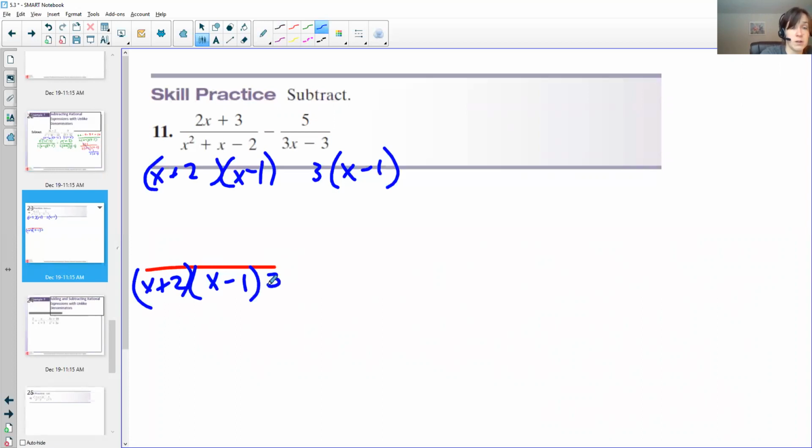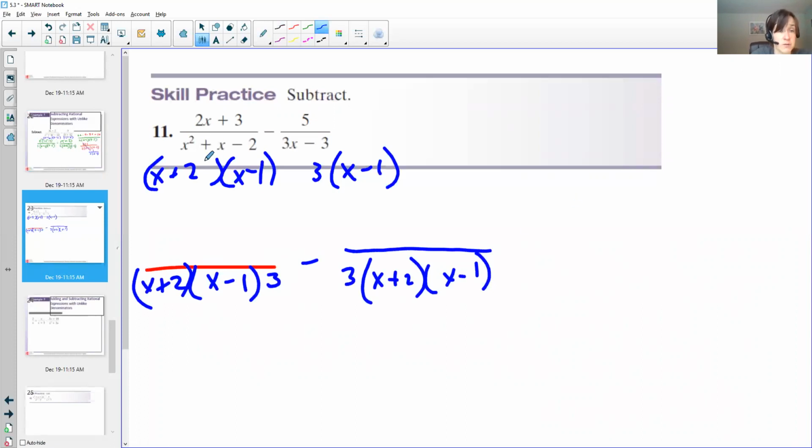Bad math manners, sorry. The 3 should go in front, but I didn't have room. Remember, multiplication is commutative. Order doesn't matter. Okay, so look at the first fraction. What did I change? I added the 3. So 3 times 2x plus 3, minus, what happened here? 5, I added the x plus 2.